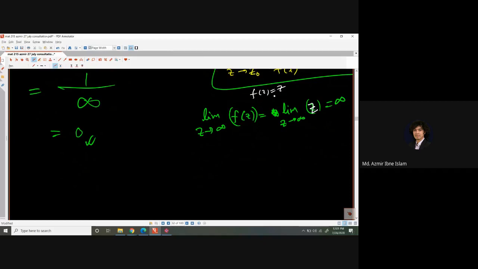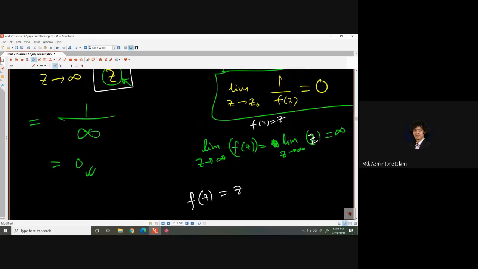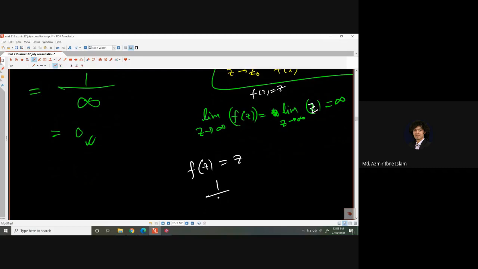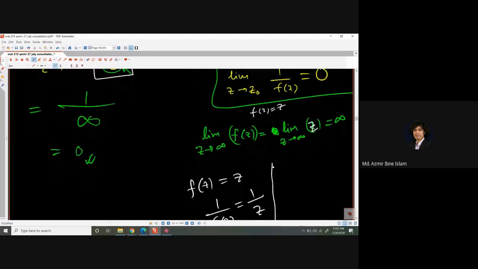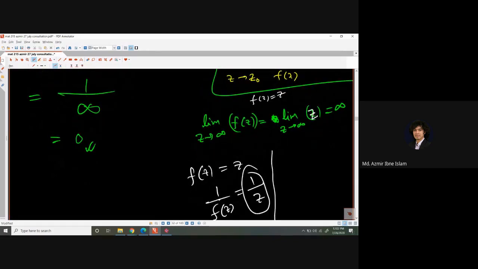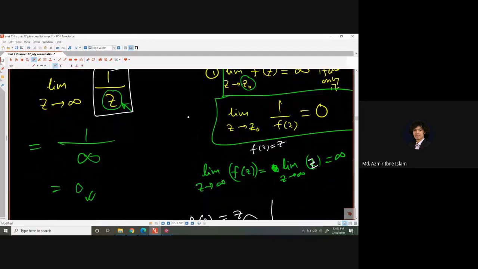So f of z equal to z. Our target is to write 1 by f of z. So what will be 1 by f of z? 1 by z, right? Yes, sir. 1 by infinity then. So we are getting 1 by z, that is this one.